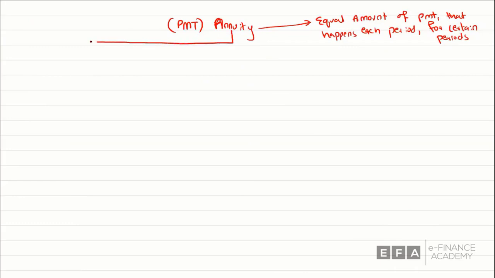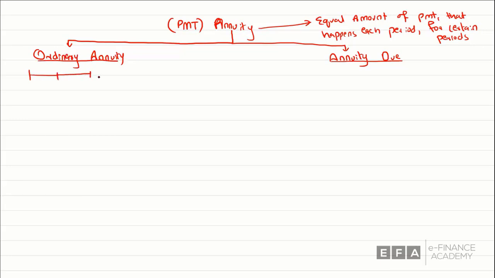And there are 2 types of annuities. Number 1, you have ordinary annuity. And you also have another type, which is annuity due. So what's the difference between the two? Ordinary annuity would look something like this. So 0, 1, 2, 3.